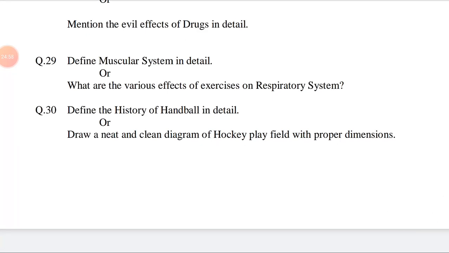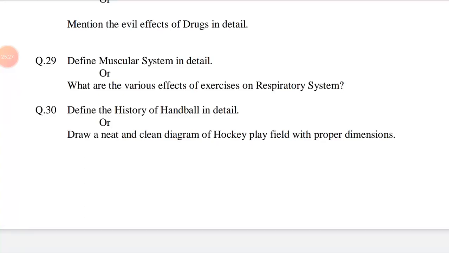Or mention the evil effects of drugs in detail. This question is also related to chapter number 5, Health and Family Education. Mention means refer briefly, evil, bad, wrong, effects, result, consequences. Drugs, a substance which has physiological and psychological effect on human body.